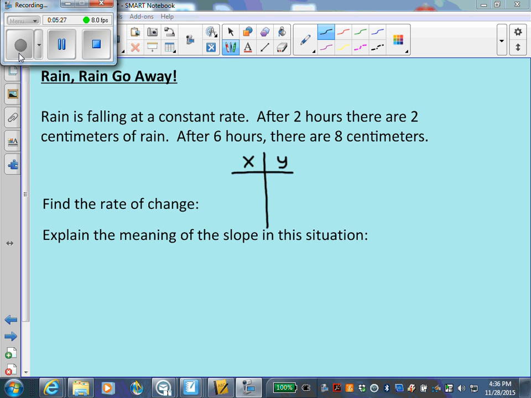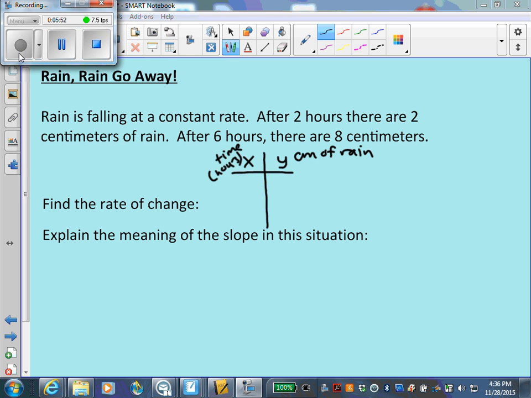So I have hours and centimeters of rain. I think that the centimeters of rain is going to depend on the hours, which means my hours is going to be the independent variable. So this is the time in hours. And then the y is going to be the centimeters of rain.